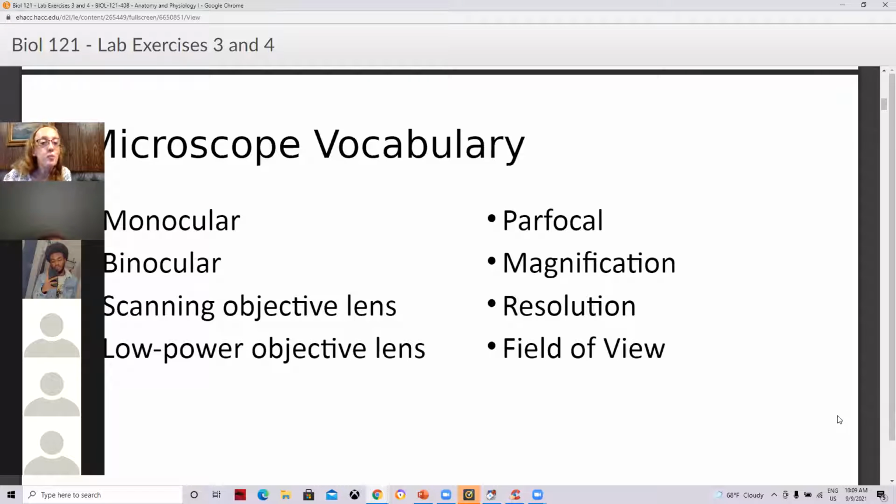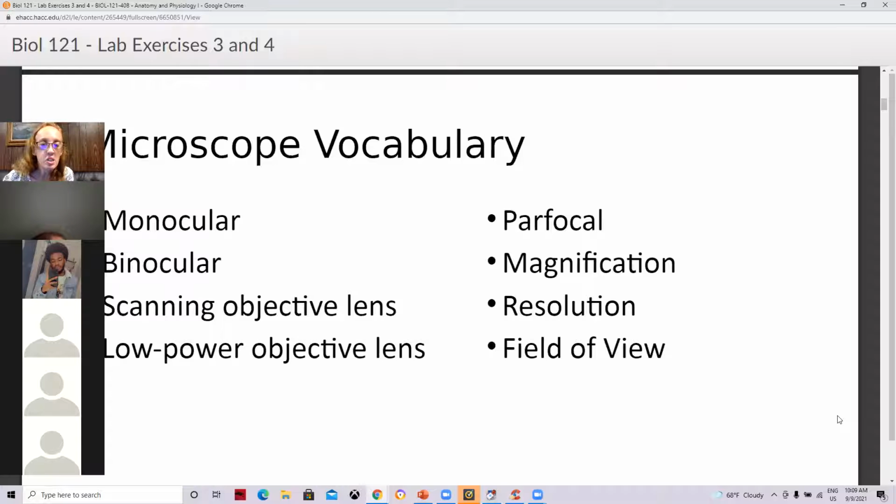Then you have a low, then one thing that we didn't cover, but I hinted at it, but I didn't say it. Microscopes are set up so that they're parfocal.